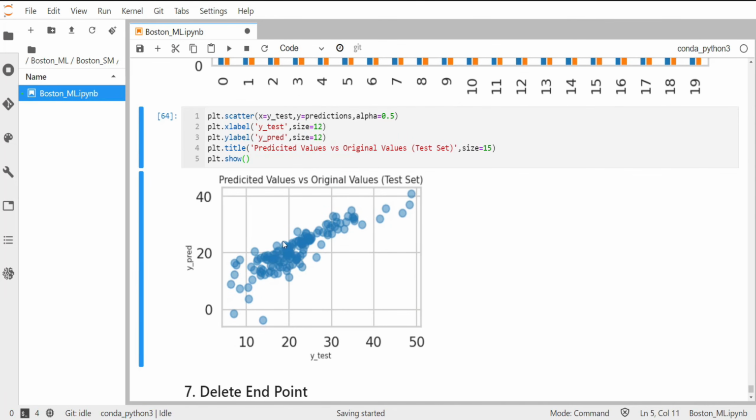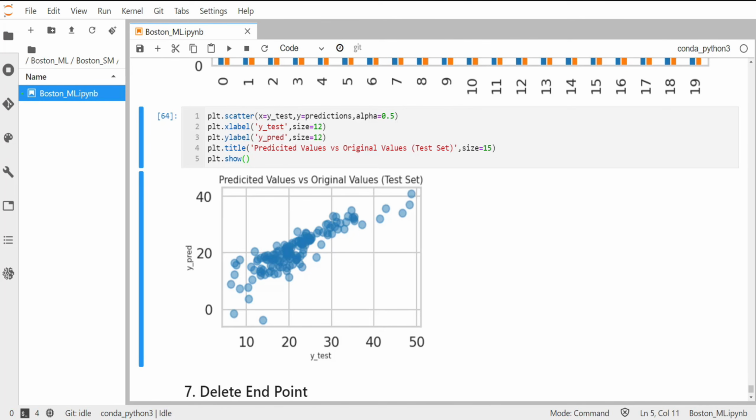Here you go. A linear graph can be seen between the two values. We can say that the model works pretty well for us, making good predictions for the price of the houses. So you can make this model more efficient by introducing some more techniques in data processing and cleaning. So far the model worked well for us.